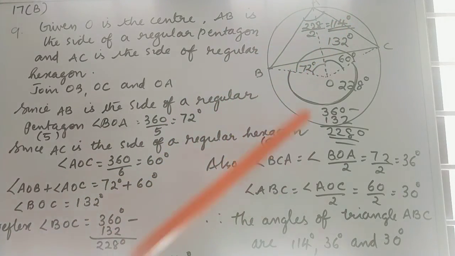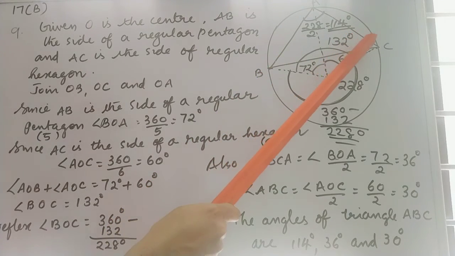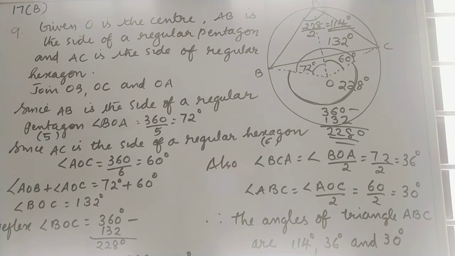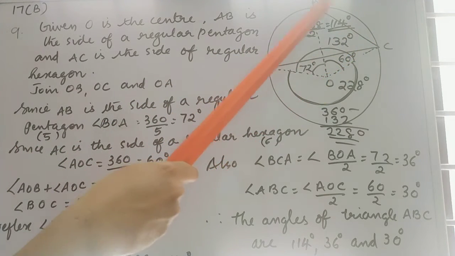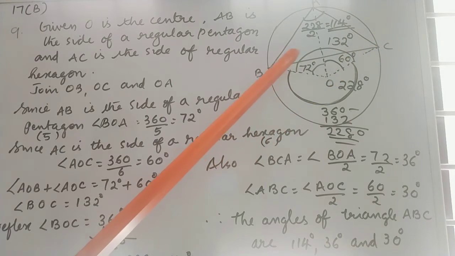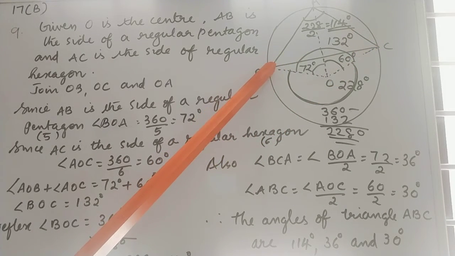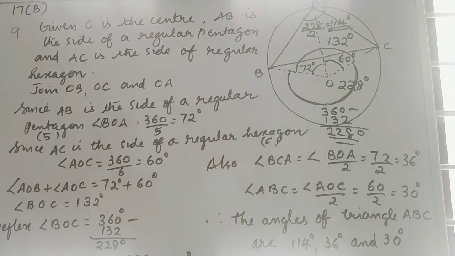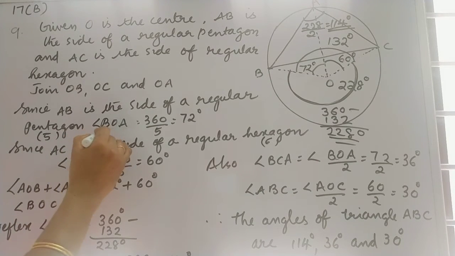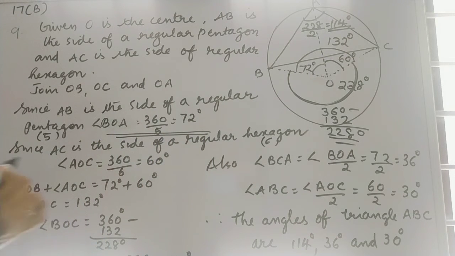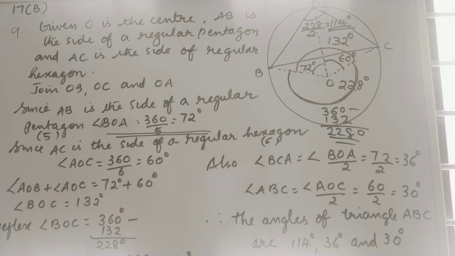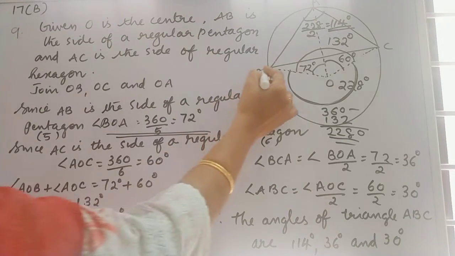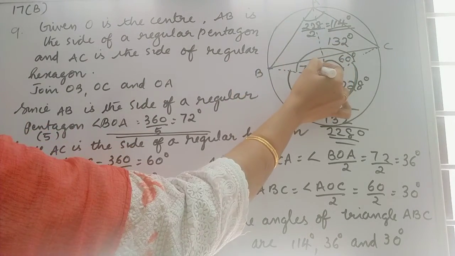One angle we got. Next we want to find angle B and angle C. For that, look at angle BCA. What about the central angle BOA? We have proved BOA as 72 degrees.